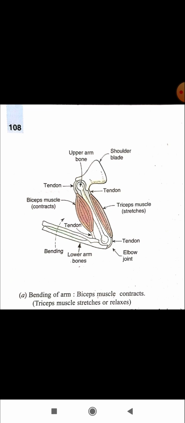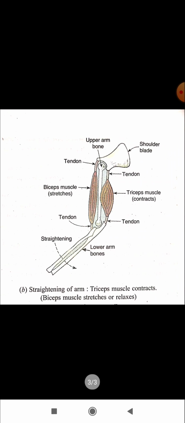Now in the second figure we can see the straightening of the arm, means when we straighten the arm. So what happens with the biceps and triceps muscles?